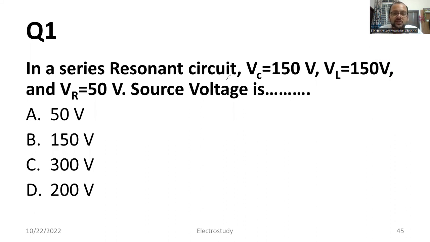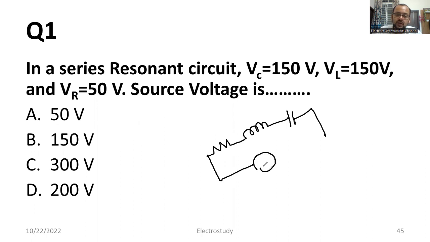In a series resonance circuit, VC equal to 150 volt, VL equal to 150 volt, VR equal to 50 volt. The source voltage is? Let's consider an RLC circuit, where you are providing a supply voltage. Let VS be the supply voltage.